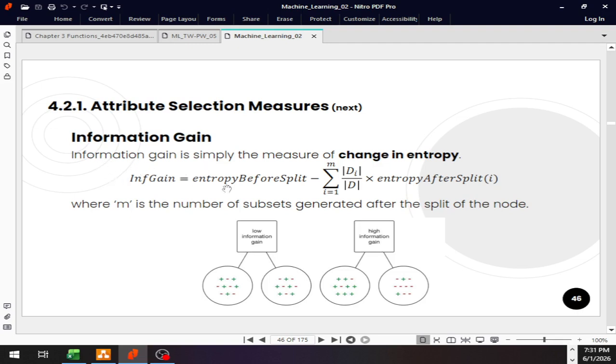Information gain. So what is information gain? It's simply the measure of change in entropy. We know entropy is the measure of uncertainty or messiness, how dirty is our data. So the more we reduce this dirtiness or messiness, the better.